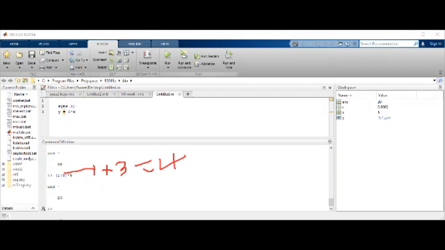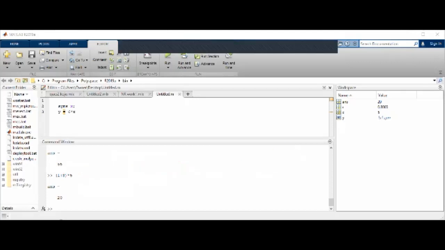Then once you get the 4, it will multiply the 4 by 5. And that will give us what? 20. So you see the process MATLAB is using to solve the answer. Okay. So that is the process we want you to know.